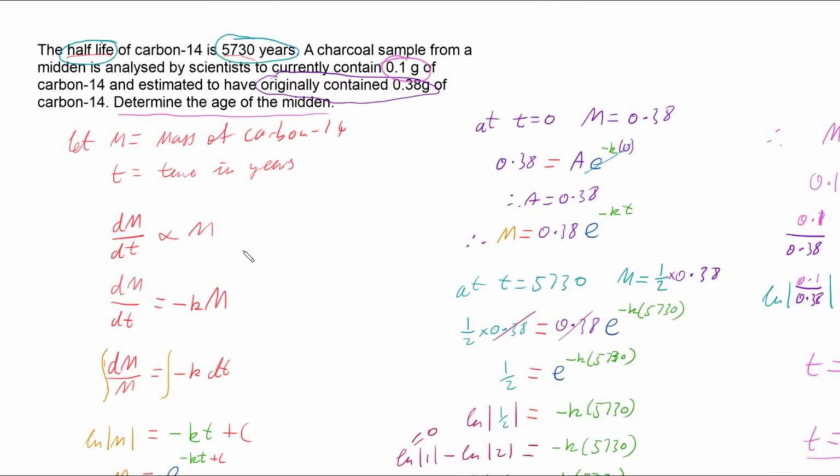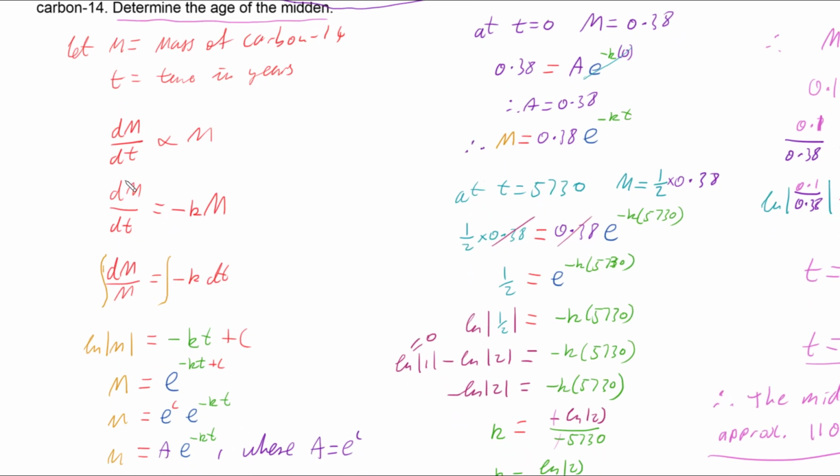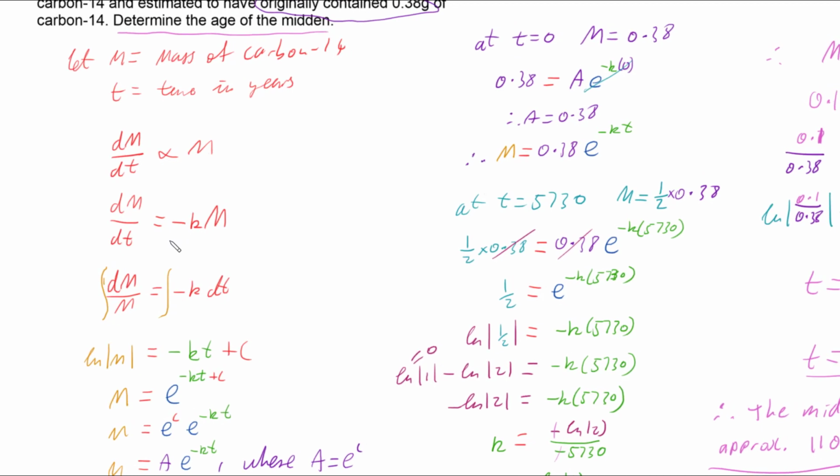So if you have half-life, that means that the rate of change of mass is proportional to the amount that you have. And if you have anything that's proportional, that means that your rate of change is some constant times your mass, or whatever it is you have. If you are decreasing in value, you have a negative proportionality, so we have the negative of our constant.